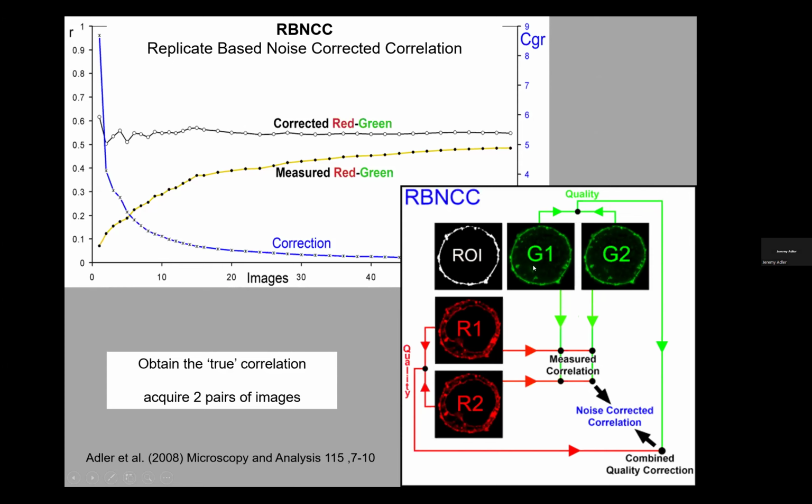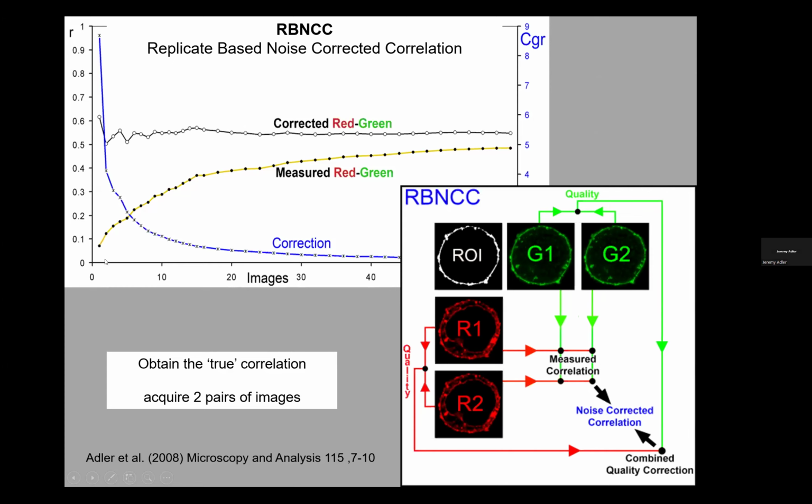So we take two pairs of pictures, and as our noise measurement, we actually use the correlation. We measure the green 1, green 2 correlation, and the red 1, red 2, and combine these into a combined quality correction, which corrects the red-green measurements. And here are our corrected measurements.